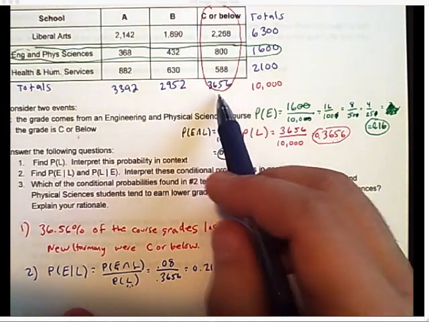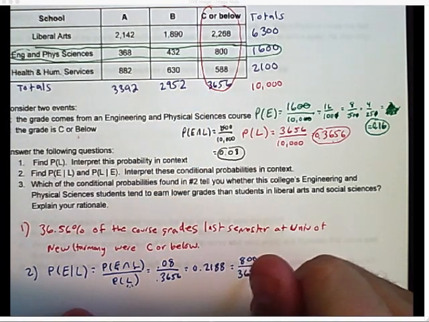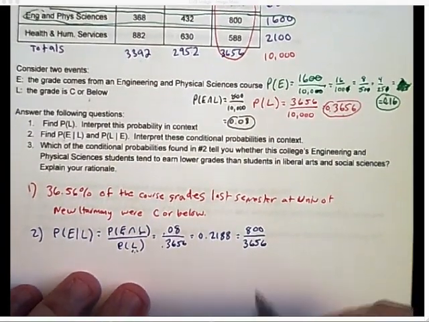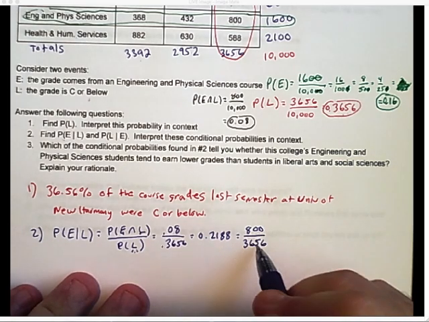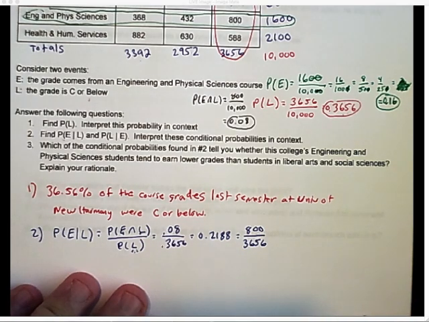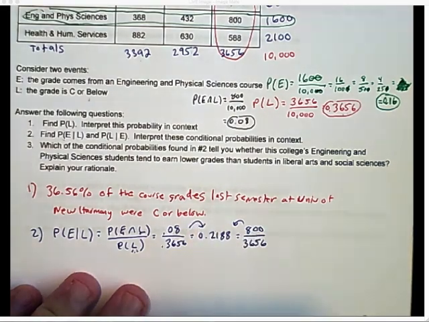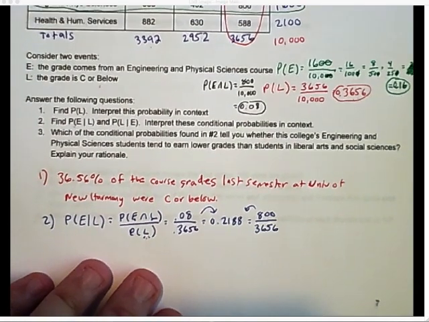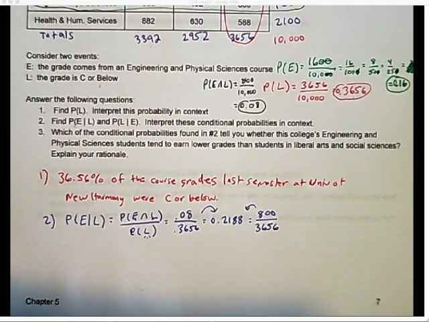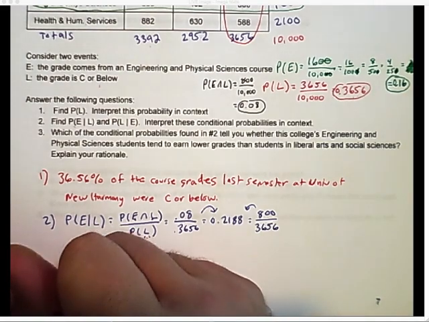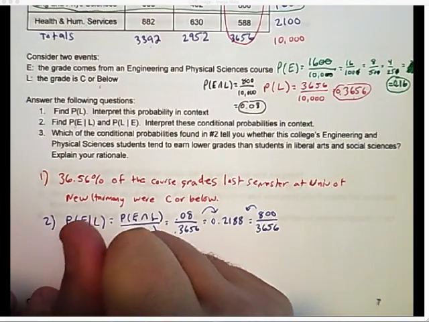Well, that's 3656. So if you notice here, if you do 800 divided by 3656, you get exactly the same number. So you can use the actual probabilities or you can use the raw numbers that are in the table. All right, likewise, let's do the next one, L given E.